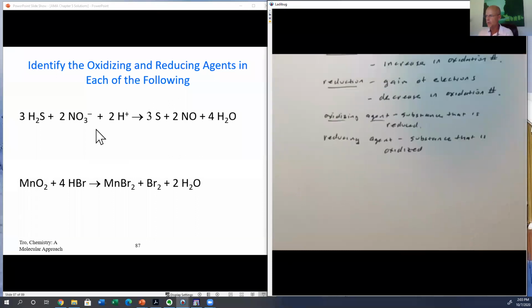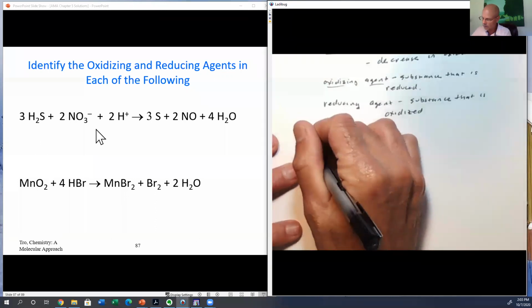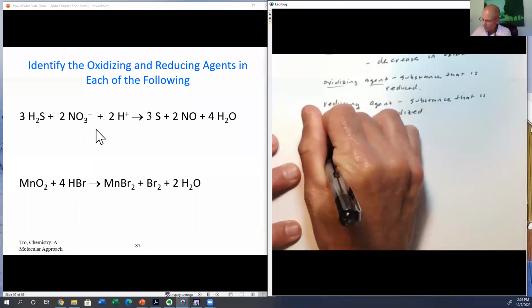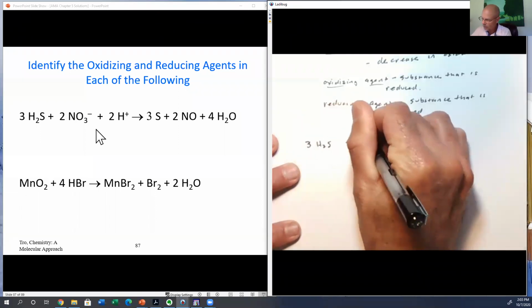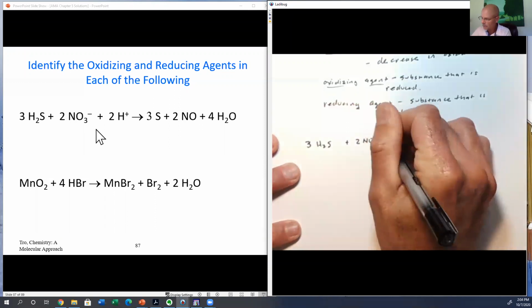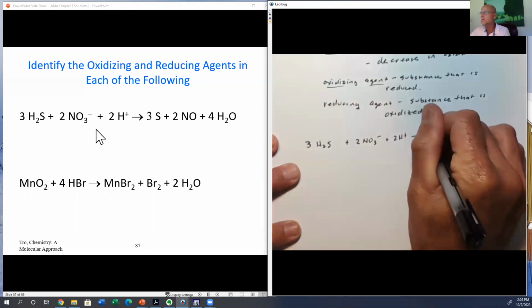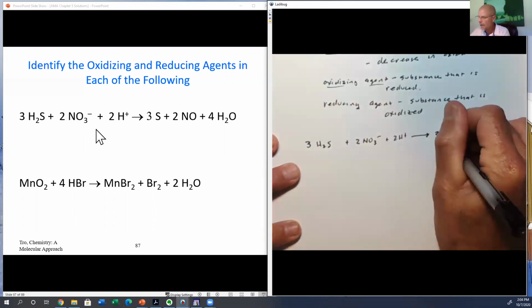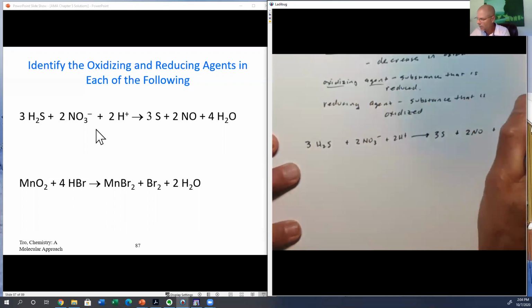Let's start by writing down the first reaction: 3H2S + 2NO3- + 2H+ goes to 3S + 2NO + 4H2O.